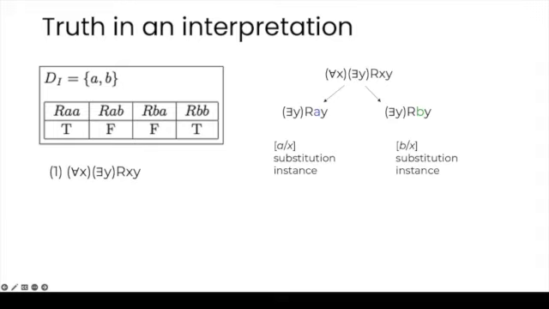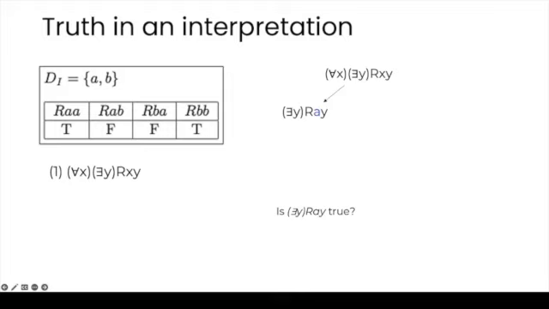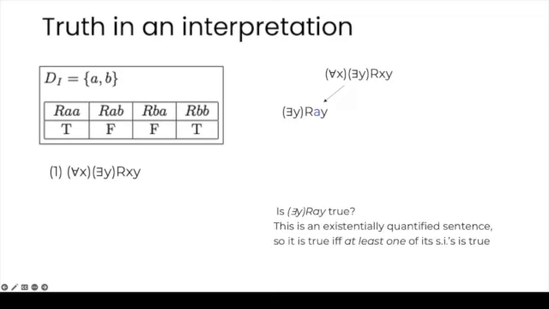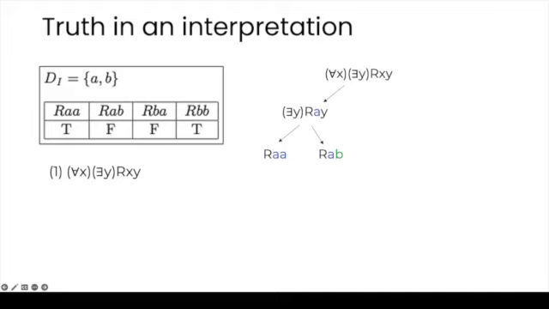Okay, now we have to evaluate each of the substitution instances to see if they are true. Is the leftmost substitution instance, the one in which we substituted with a, is it true? This is an existentially quantified sentence. So it is true if and only if at least one of its own substitution instances is true. And this also, again, has 2 substitution instances.